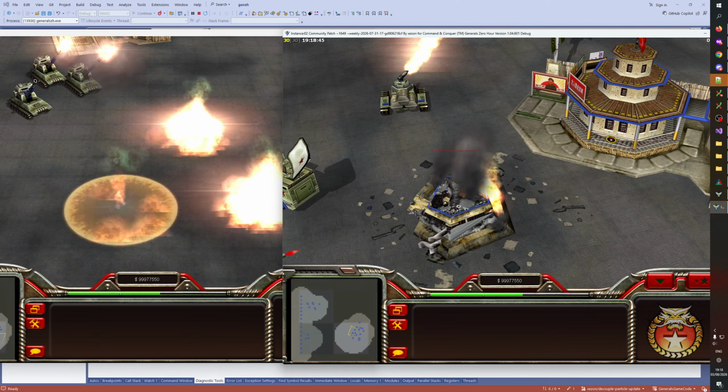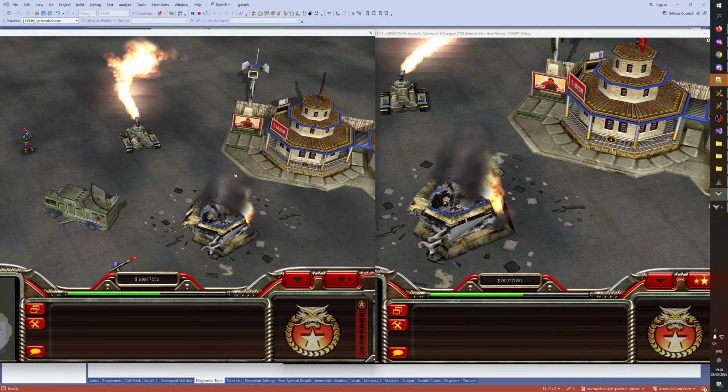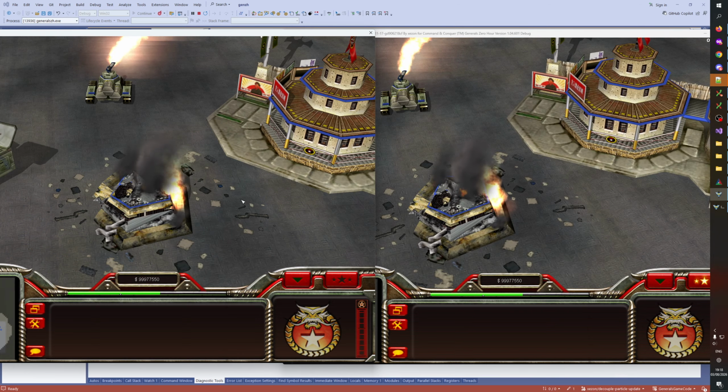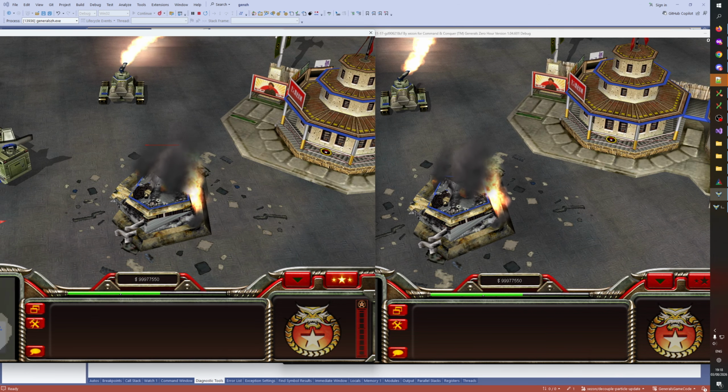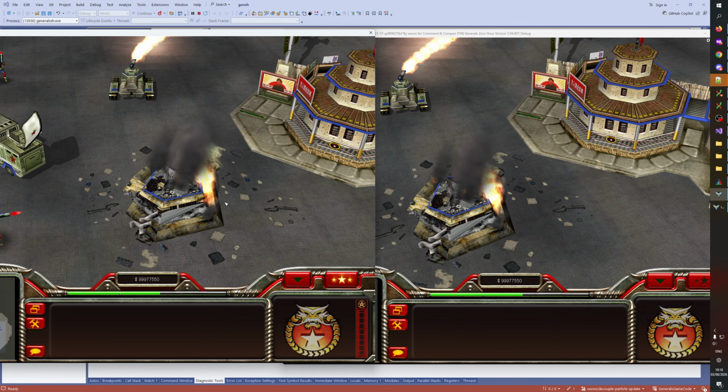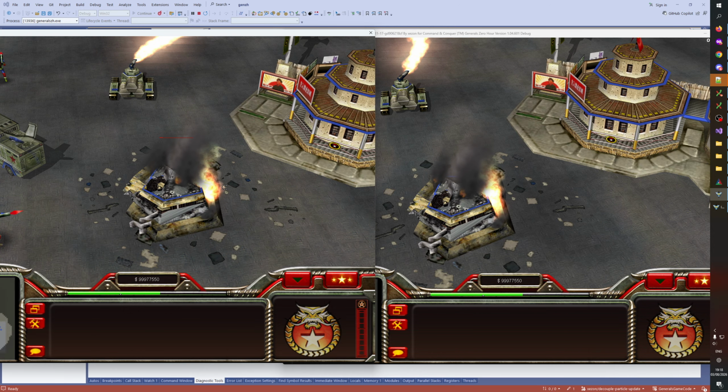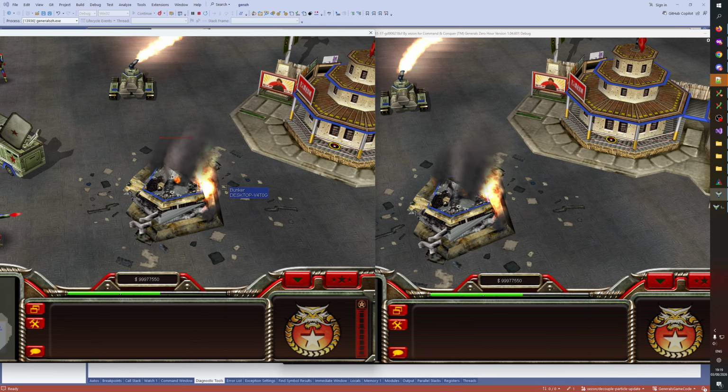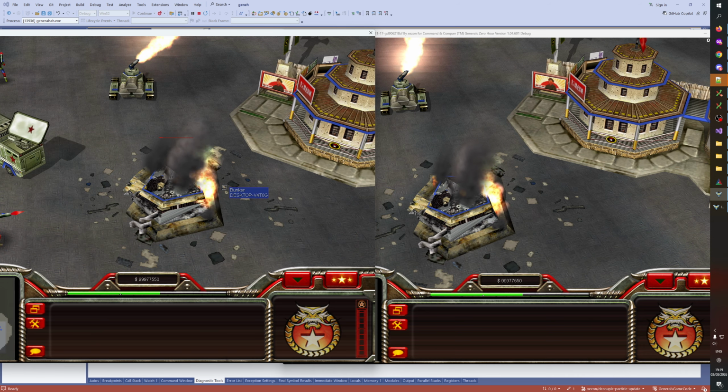It looks the same. Okay, let's try faster.